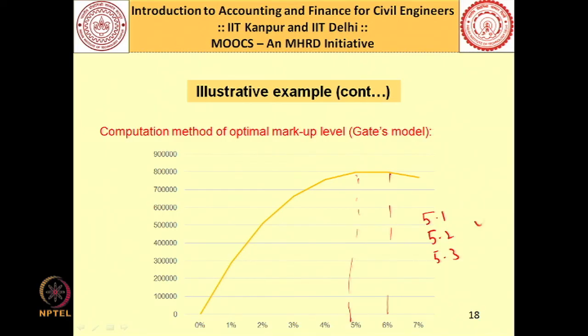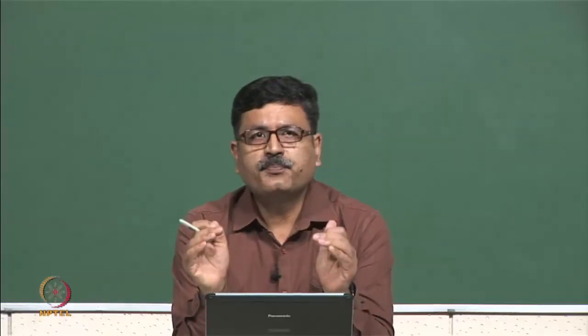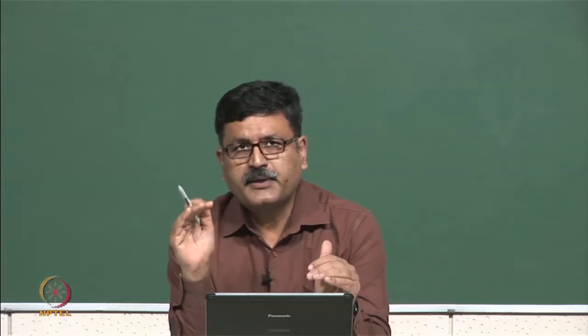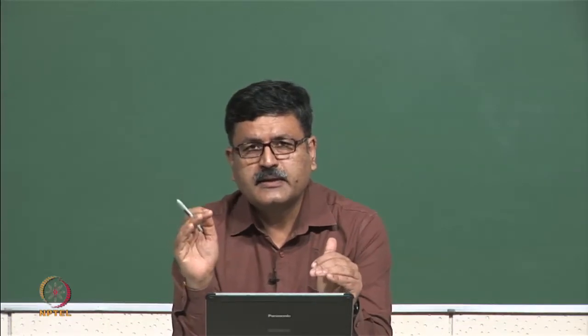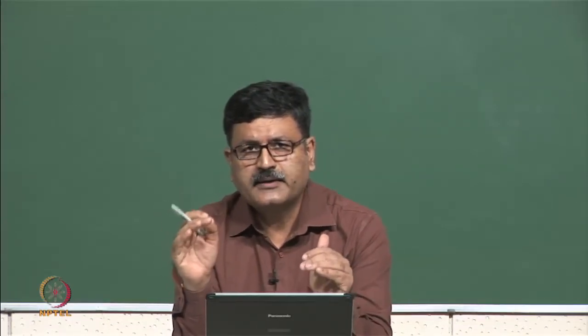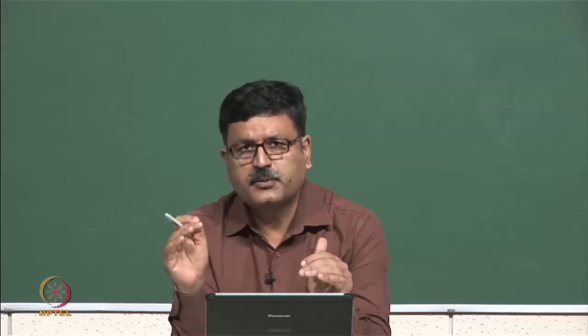If you do this exercise in the same manner in which you did it for Friedman model, you will find the optimal markup is coming against a markup percentage of 5.5%. So, what we discussed here is, corresponding to Friedman model, I am getting the peak at 3.53%, and corresponding to Gates model, I am getting the peak at 5.50%.